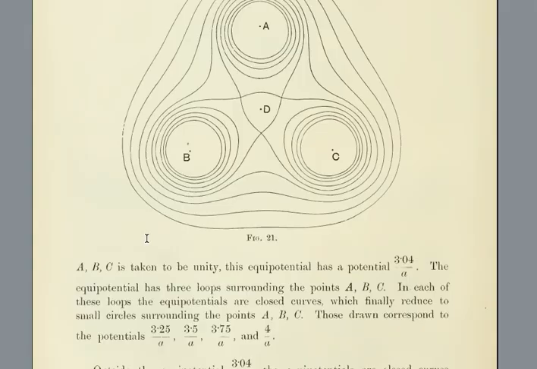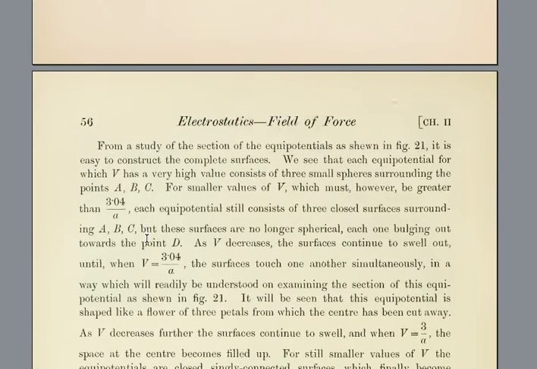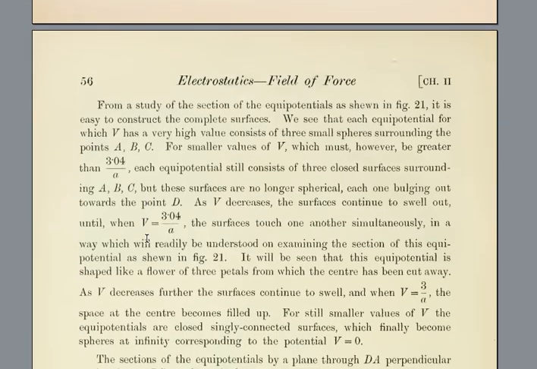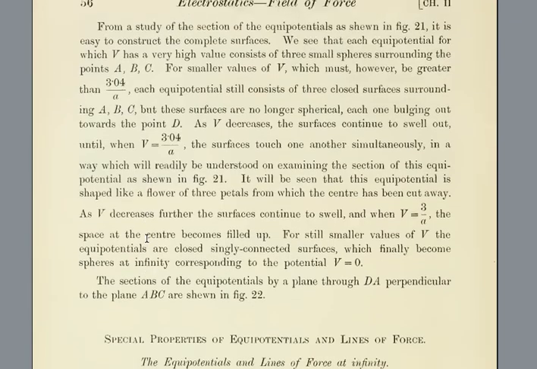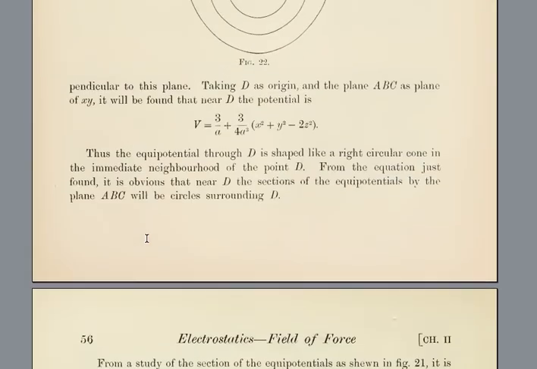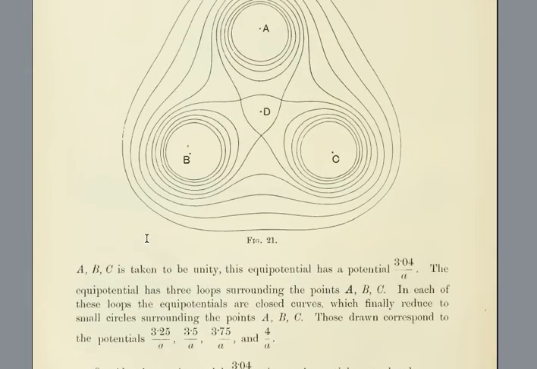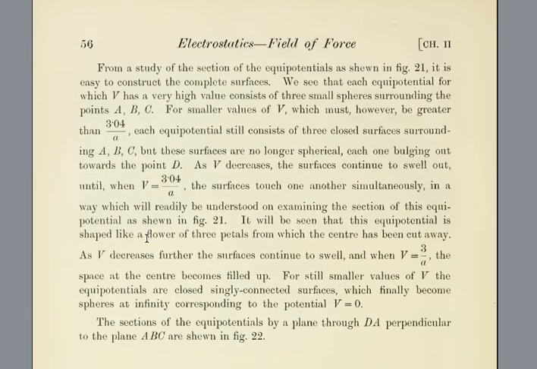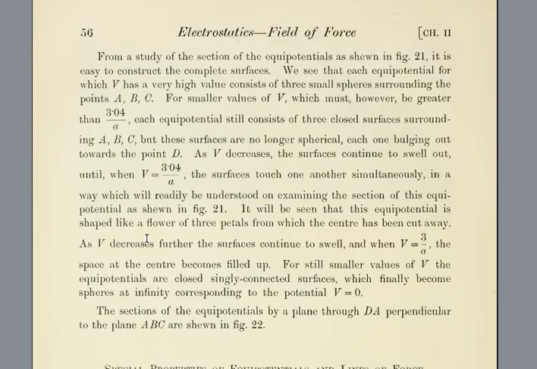We see that each equipotential for which the potential has a very high value consists of 3 small spheres surrounding the points A, B, and C. For smaller values of the potential, which must, however, be greater than 3.04 divided by a, each equipotential still consists of 3 closed surfaces surrounding A, B, and C, but these surfaces are no longer spherical, each one bulging out towards the point D. As the potential decreases, the surfaces continue to expand until, when the potential reaches 3.04 divided by a, the surfaces touch one another simultaneously, in a way which will readily be understood on examining the section of this equipotential as shown in the corresponding figure.